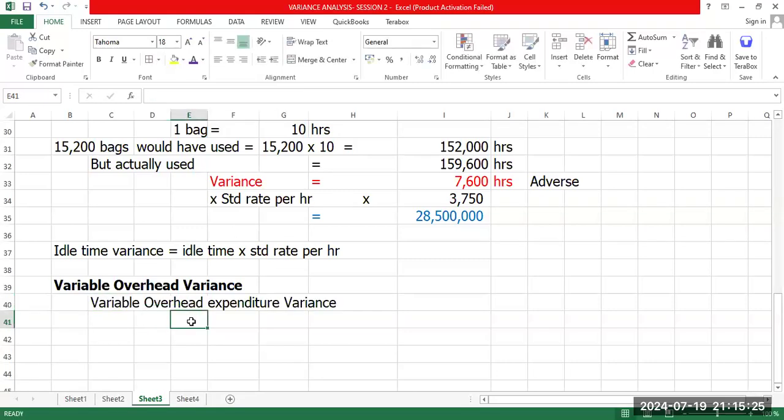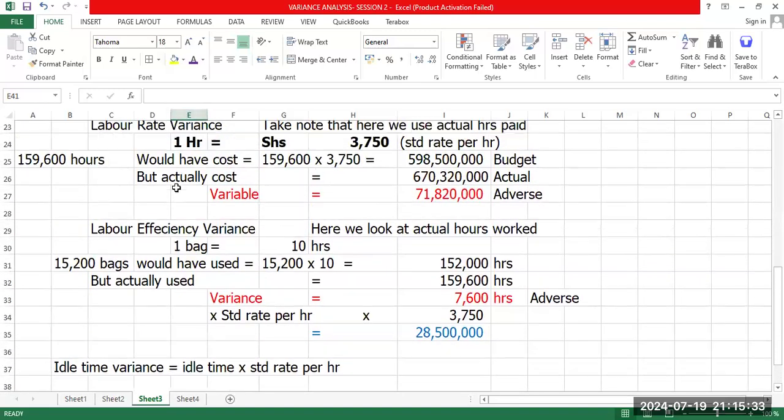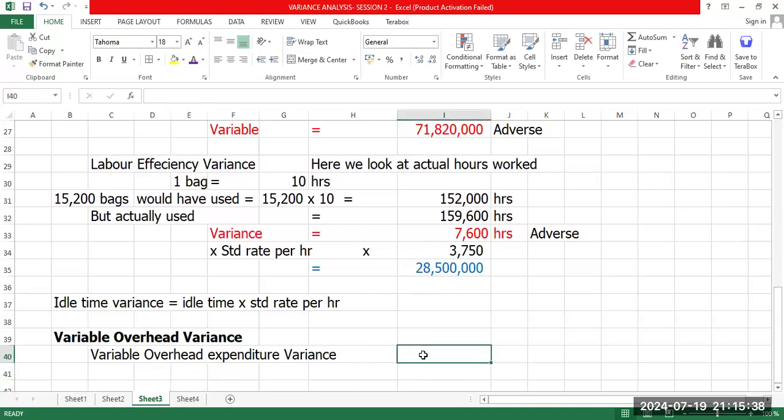And how do you get that? This is expenditure. This is based on the rate. The same way we treated the labor rate, just that this one is always based on the actual hours worked.